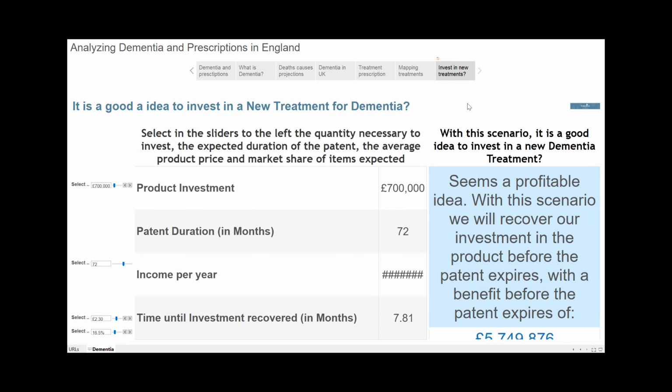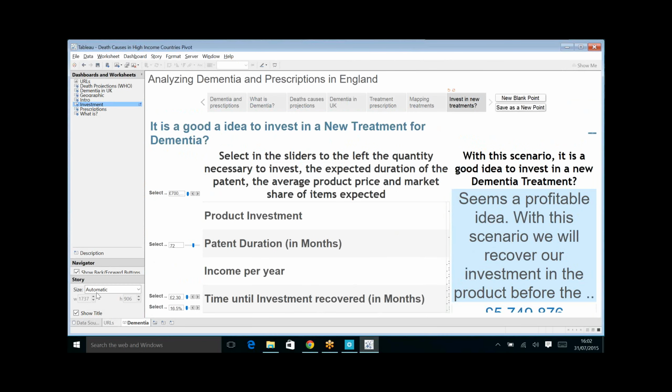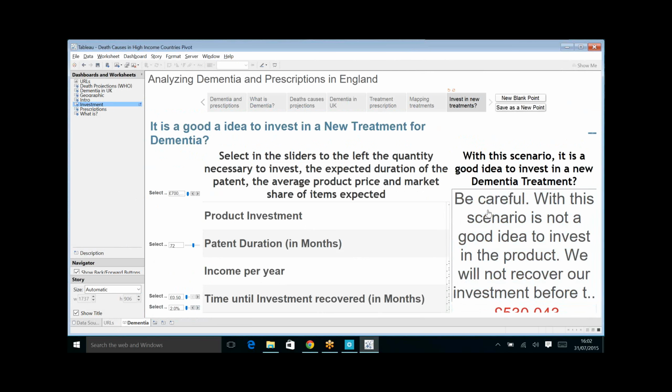And here you will see a message if, with the data you introduce, you will get enough money until the expiration of the patent to recover the money you invest. So, for example, if you sell it at a very low price and have a very low market share, it will tell you that it's not a good scenario and that you will have some losses.